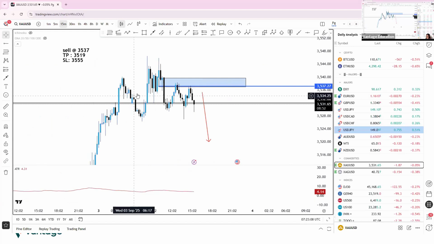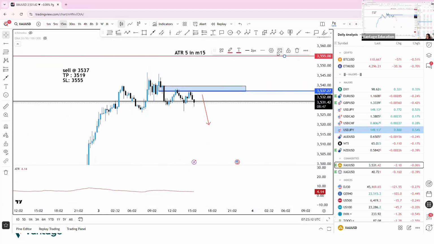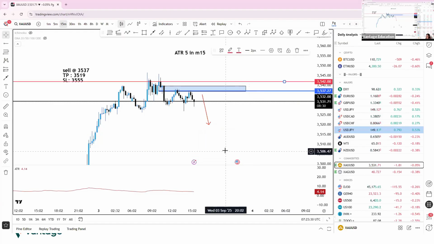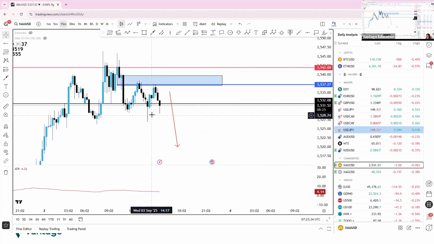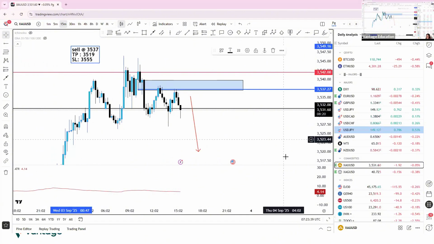Scalping, 50 pip. And where is my stop loss? 3537 plus 5, 3542. This is my stop loss. And now you sell, you already hit the take profit. You see that? This one, we just get one ATR.